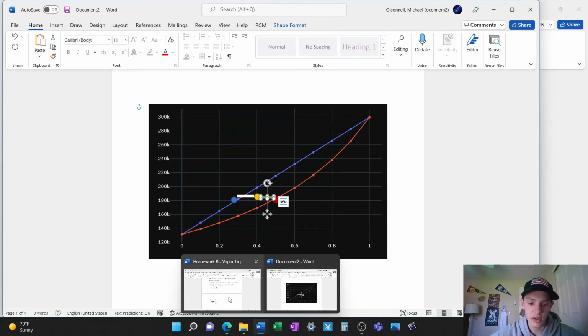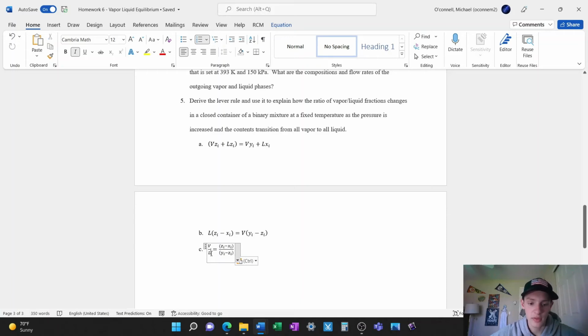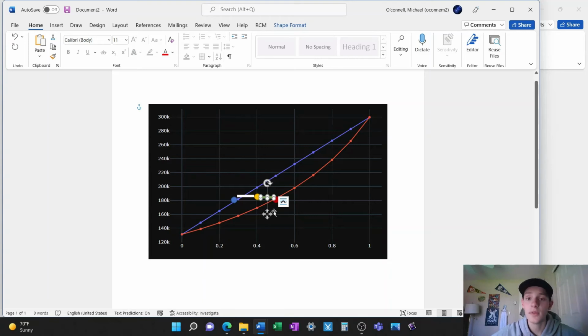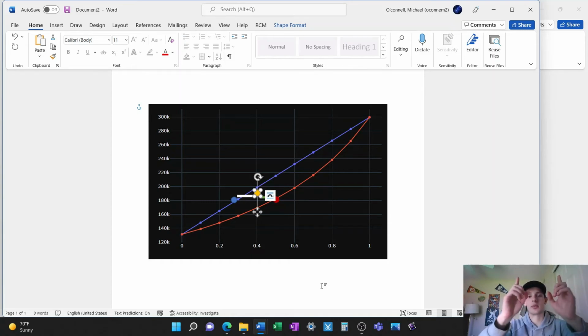And that makes sense, right? Because again, look at these denominators. We have the amount of liquid phase over here, and then this distance, y minus z, the mole fraction in the vapor phase minus the mole fraction in the feed for this binary mixture. So this makes perfect sense. And basically, when you get to the blue curve, the bubble pressure curve, this time we're going up, not going down.